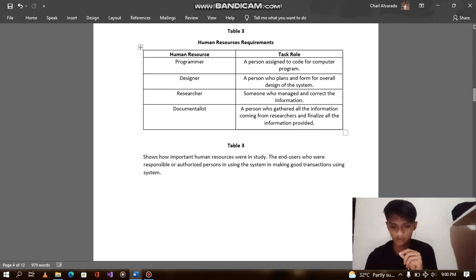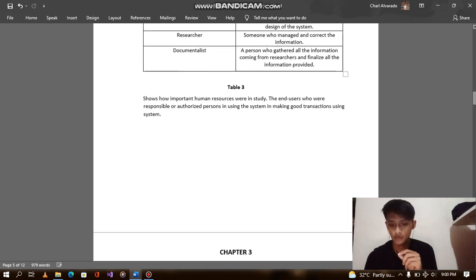And last, documentalist, a person who gathered all the information coming from researchers and finalizes all the information provided. Table 3 shows how important human resources were in the study. The end users are the responsible or authorized persons in using the system in making good transactions.